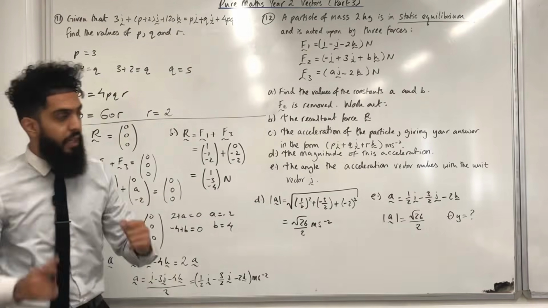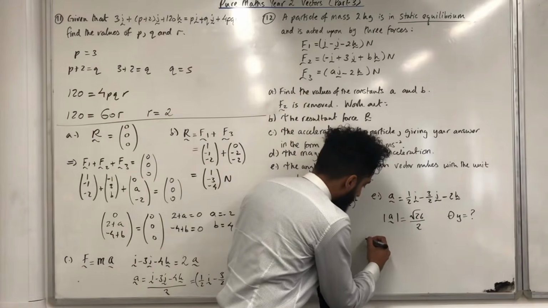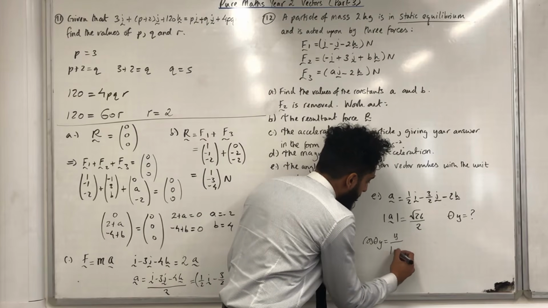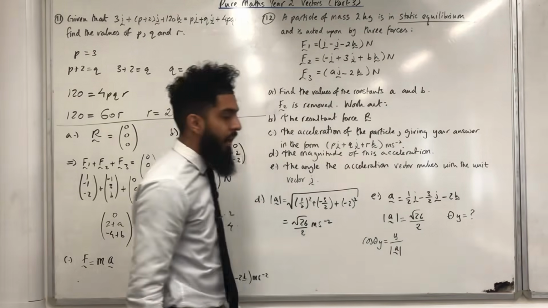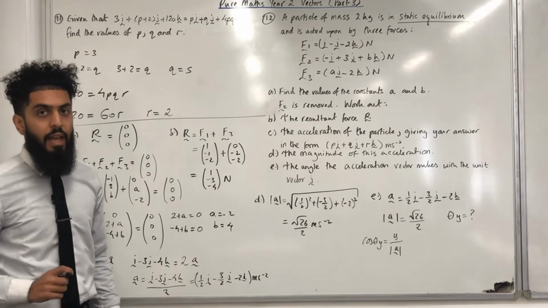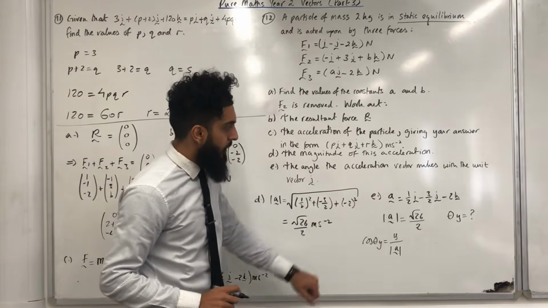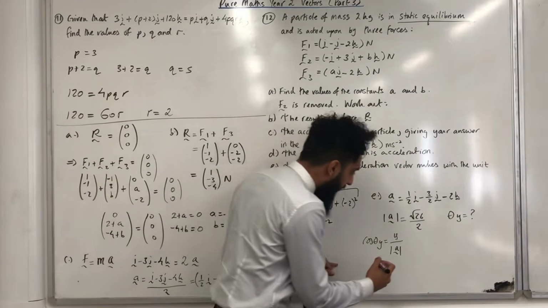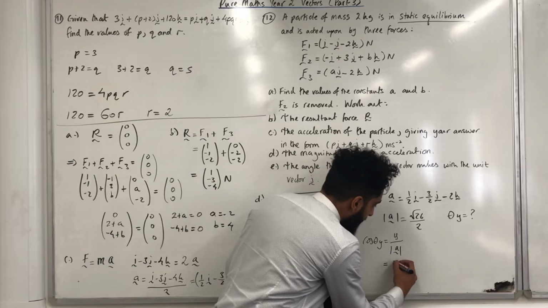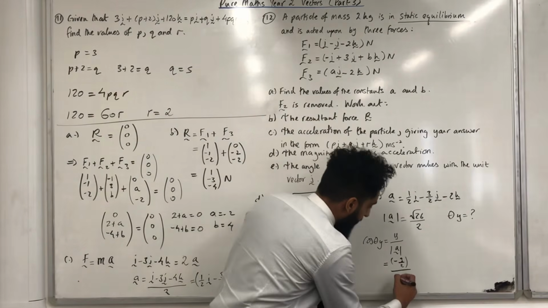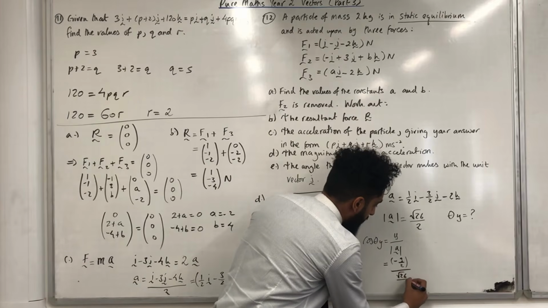Well, first of all, we can calculate cos theta y. Now cos theta y is given by y over the magnitude of the acceleration vector A. y is just the coefficient of j in the acceleration vector A. So the coefficient of j is minus 3 over 2. So we have that cos theta y is equal to minus 3 over 2 divided by square root 26 over 2.